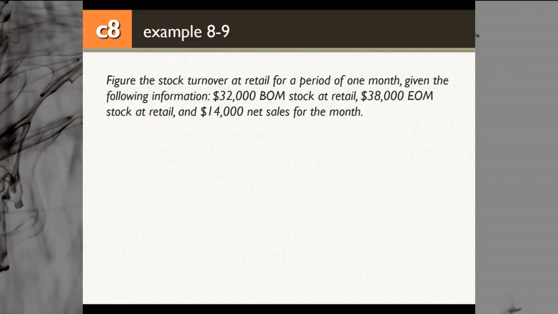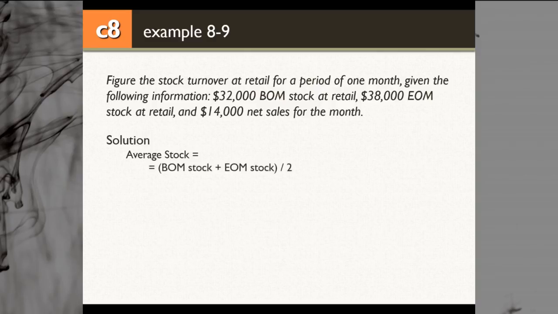So what's going to be the first step? You need to calculate your average inventory. And since you know your net sales, you can then calculate your stock turnover. So let's calculate the average stock first. In this case, you have information for two months. Even though you have one month of information, your end of month stock will be the same as your beginning of the month stock for the following month.